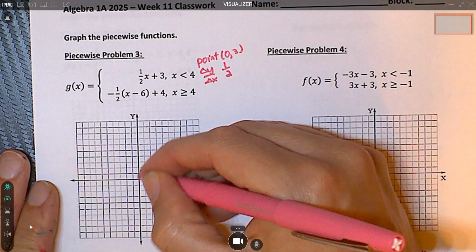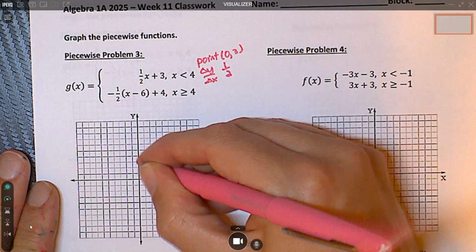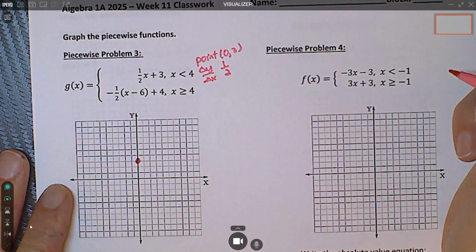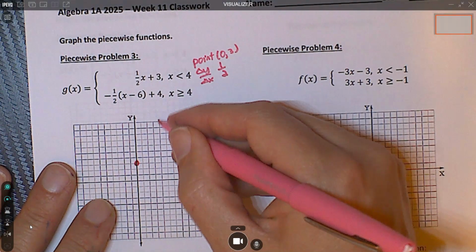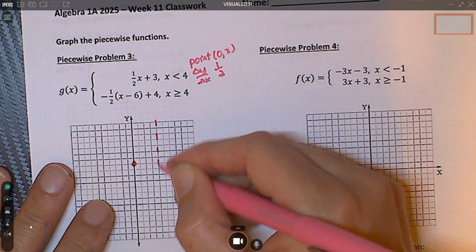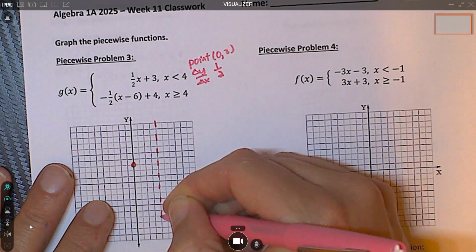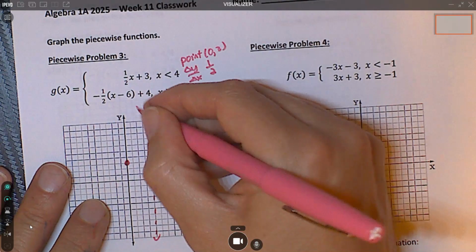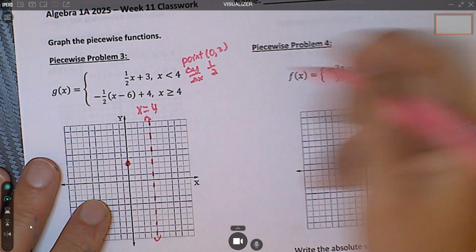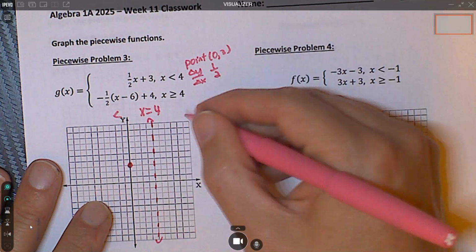So go to 3. Okay, and this is when the x's are less than 4. So here's a vertical line. See, this is less than.